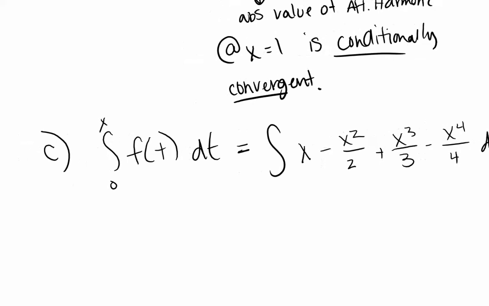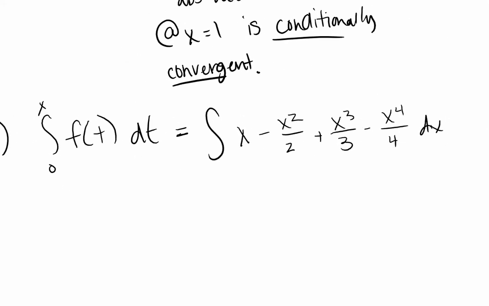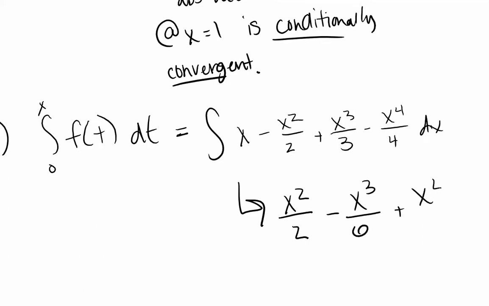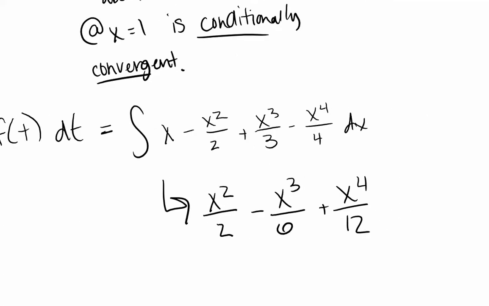So when we integrate that, just using basic integration, we get x squared over 2 minus x to the third over 6 plus x to the fourth over 12 minus x to the fifth over 20.